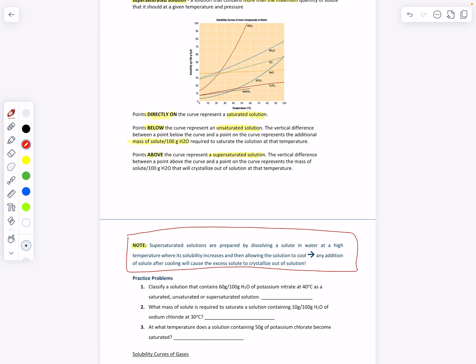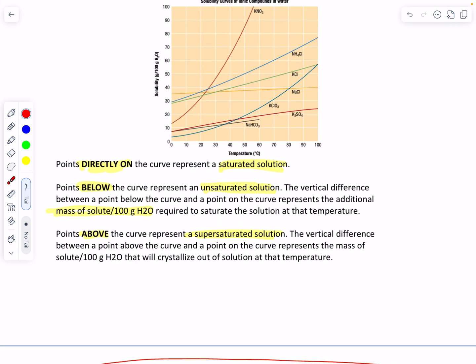So let's find potassium nitrate at 40 degrees and see if the amount at 40 degrees is greater than, equal to, or less than 60 grams per 100 grams. So we're looking for potassium nitrate at 40 degrees.